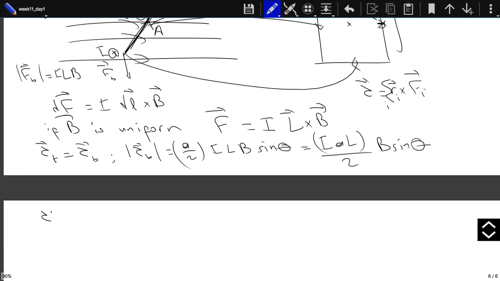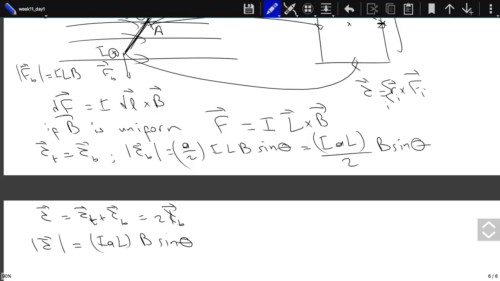So the total torque is equal to the torque created by the top force plus the torque created by the bottom force. They are equal, in the same direction, and have equal magnitude. It's twice the torque created by the bottom force. And so the magnitude of the torque is equal to I times a times L times B times sine theta.